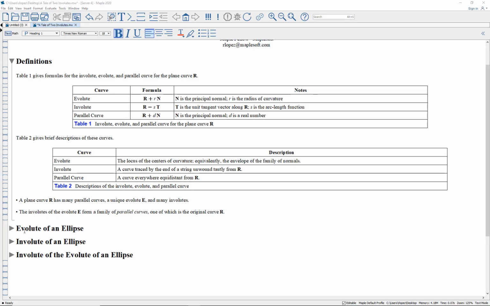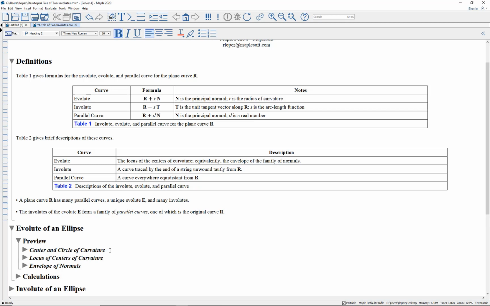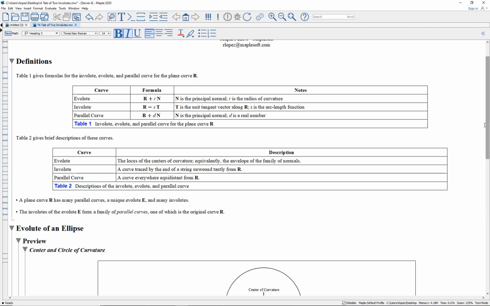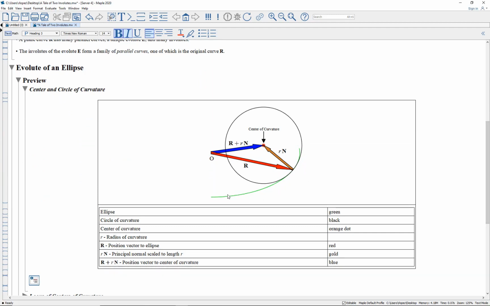Let's begin by looking at the evolute of an ellipse. Two different ways to describe the evolute: via the center of curvature and as an envelope of normals. Here's a picture.